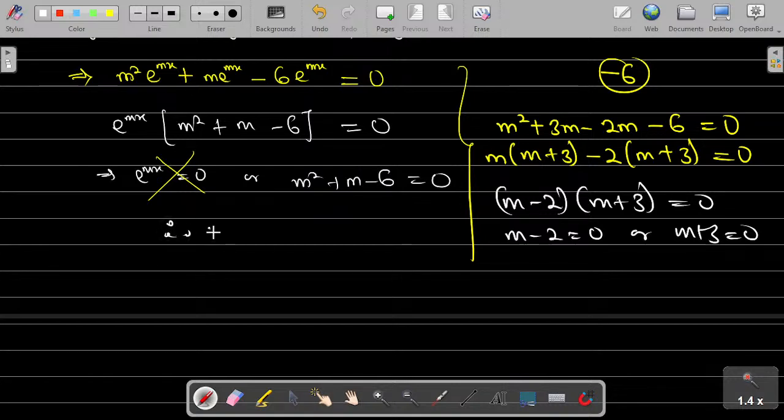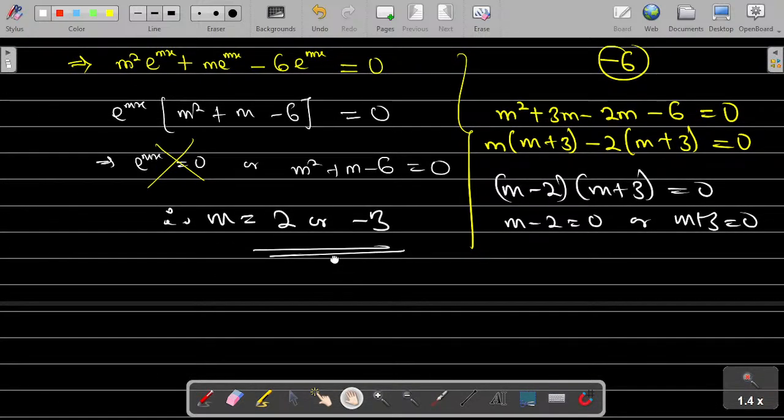Therefore, our m is equal to 2 or negative 3. All right, so these are the values of m that will make our y a solution. It's either your m is positive 2 or your m is negative 3. And that's the end of problem 3.